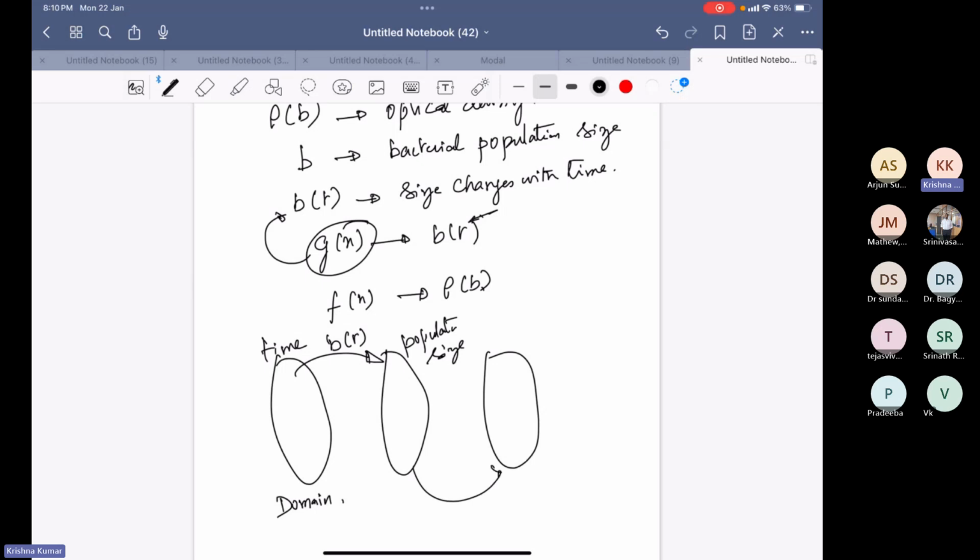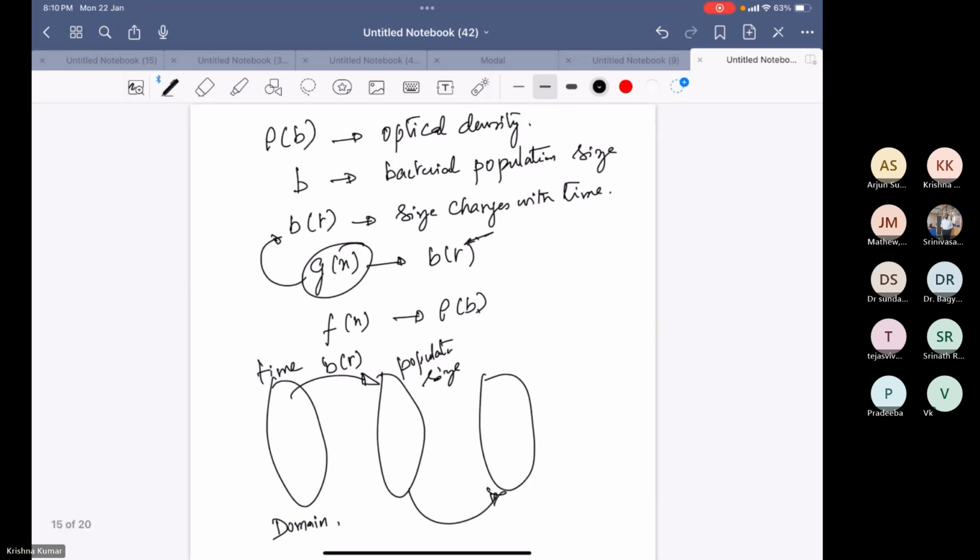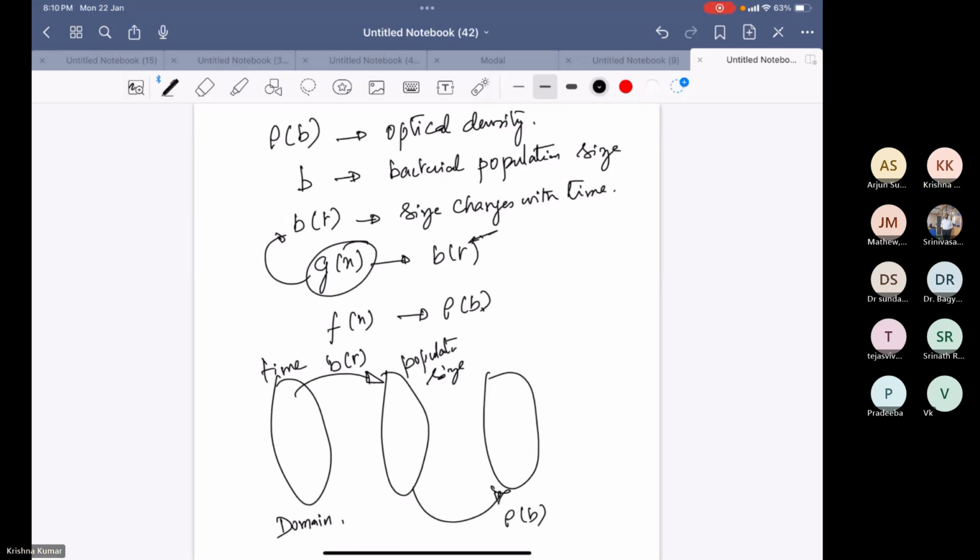Then I have another function, which is rho of b, which takes me to optical density. So I have quite a complex thing, but anyway, composite functions, where I move from time to the first domain, from the first domain to this range here, and then from there I move to the next.